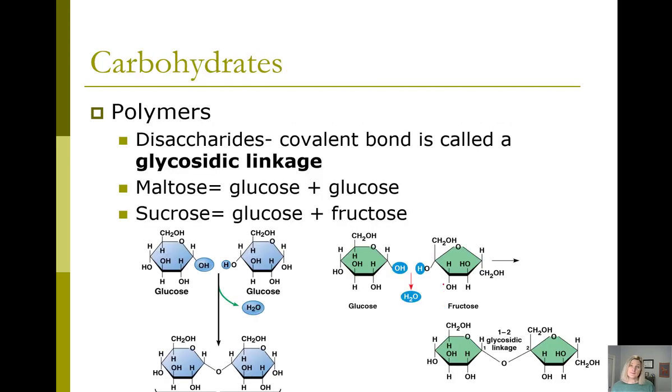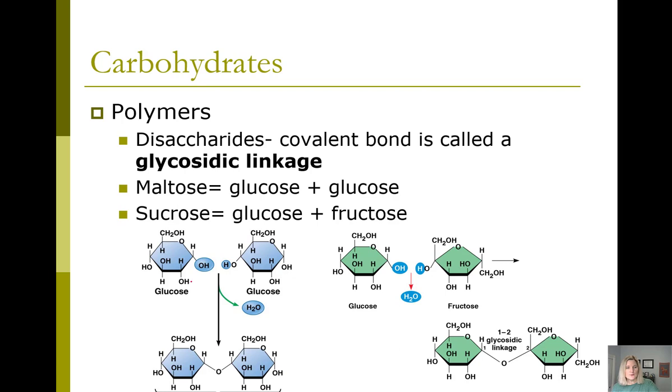Okay, so we talked about the monosaccharides. Now let's see what happens when we take one monosaccharide and combine it with another monosaccharide. So what type of reaction has to occur to take one monosaccharide, a monomer, and combine it with another monosaccharide, monomer? How do we bring them together? What type of reaction was that? We gotta dehydrate it. We gotta remove the water. Okay, so here is a dehydration reaction.